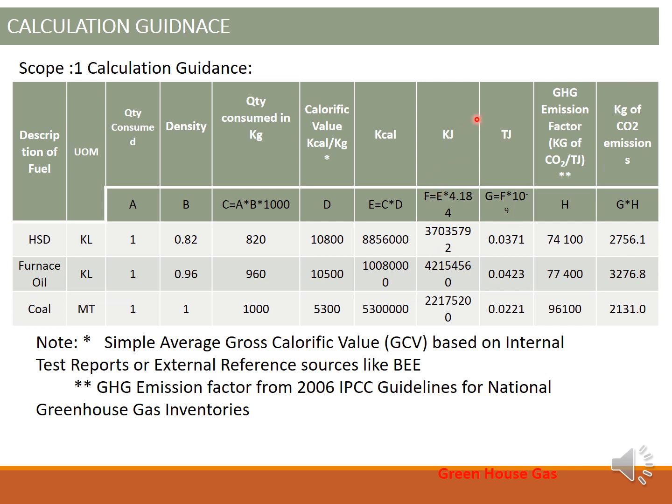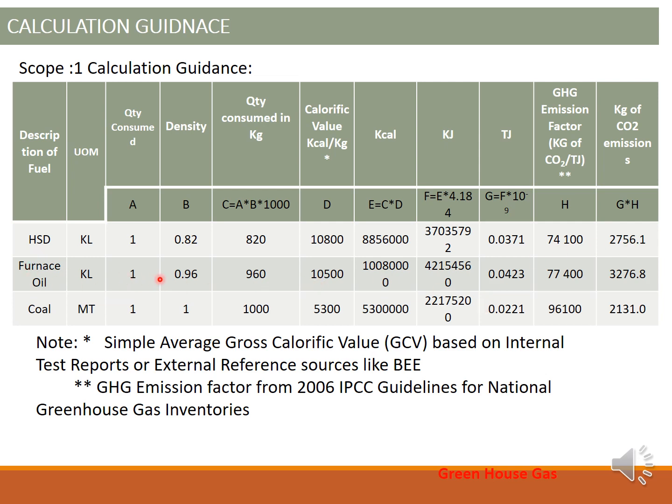Then we have to convert to terajoules, so it should be multiplied by 4.184, and then divided by 10 to the power 9. Then we will come to know the terajoule value. Finally we multiply with the emission factor, and we will get the CO2 emissions in kg.